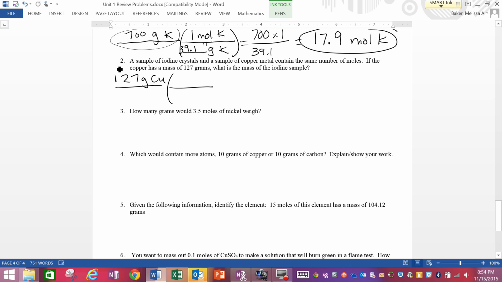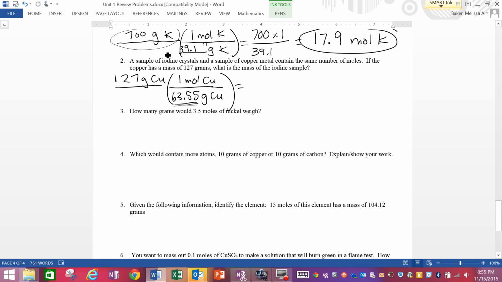Let's get that into moles. There are 63.55 grams of copper in 1 mole for 1 mole of copper atoms. So if you've got 6.02 times 10 to the 23rd copper atoms, they weigh 63.55 grams. I just got that number from the periodic table.